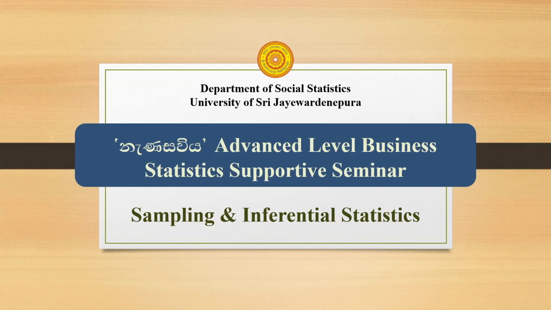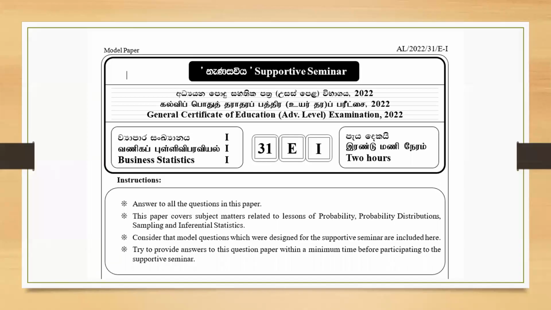So therefore, we think it is beneficial if we can discuss some key concepts in the sampling and also in inferential statistics. So actually in this phase, I am going to first discuss the MCQ part, right? This model paper was shared with you, I think, last day.